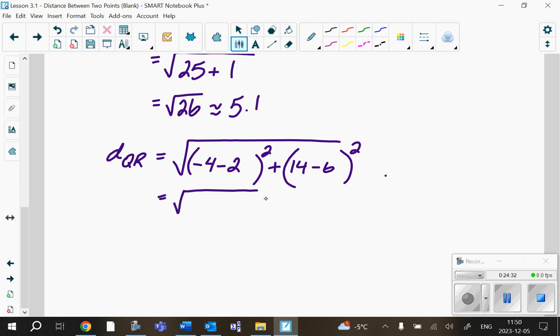Well, -4 subtract 2 is -6, and -6 all squared is 36. Plus 14 minus 6 is 8. 8 squared is 64. Add those 2 together under the square root, and I get square root of 100, which is exactly 10. So that one worked out to an exact number.